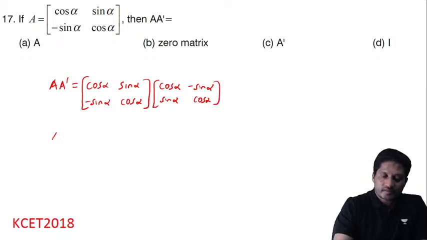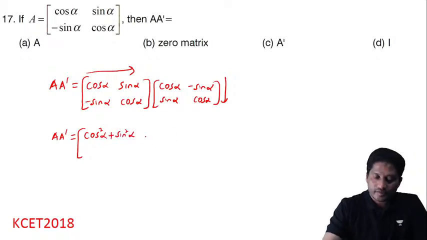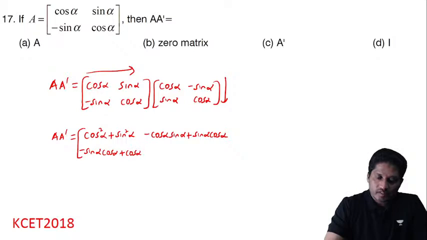If you multiply, A into A transpose is equal to matrix, first row first column will be cos square alpha plus sin square alpha. First row second column, minus cos alpha sin alpha plus sin alpha cos alpha. Second row first column, minus sin alpha cos alpha plus cos alpha sin alpha.